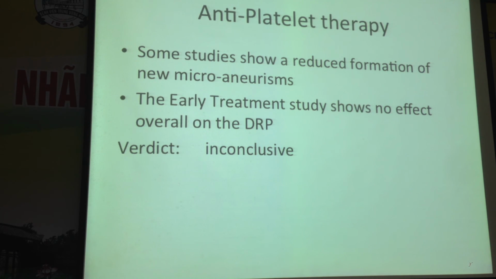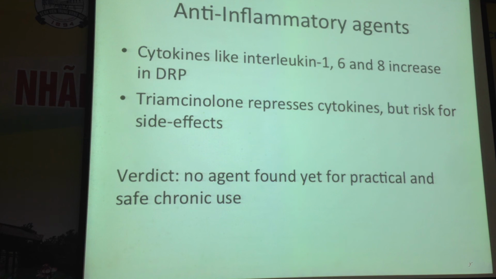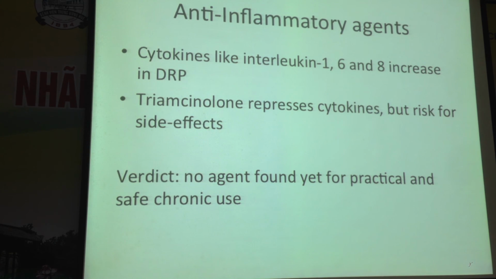The Early Treatment study shows no effect overall on the diabetic retinopathy process in general. So the verdict is more or less still inconclusive. So it's not necessary to start antiplatelet therapy if a patient has diabetic retinopathy yet, until further studies suggest that it is beneficial.